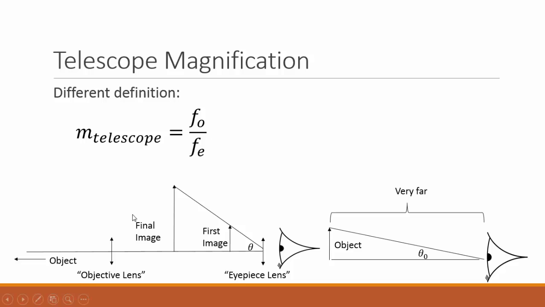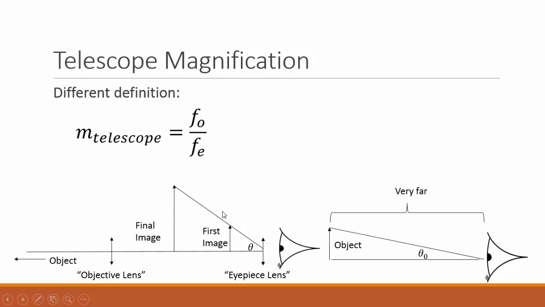The image from the original objective lens, the size of that depends on the focal length of the objective lens. And the bigger the focal length of the objective lens, the larger the first image you form. So that's why you have a larger magnification: that first image is bigger if you have a larger objective lens focal length.